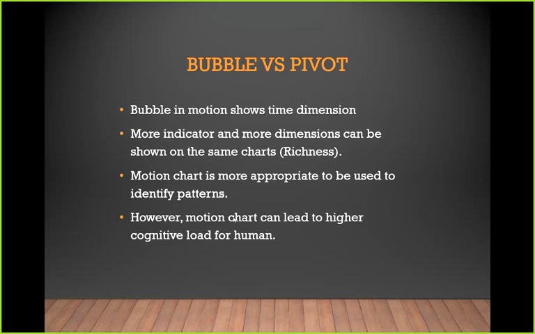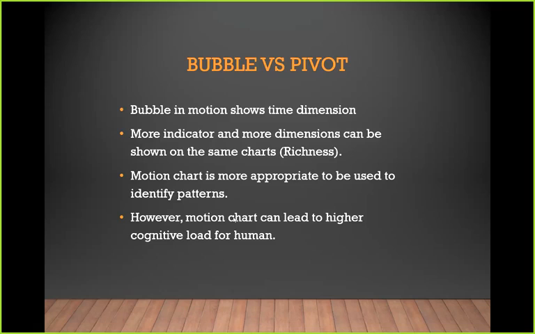So this is a summary of what I was just saying. The bubble chart gives you more dimensions and more indicators in one chart. But there are of course some drawbacks. The advantage is you do your analysis in one single visualization.